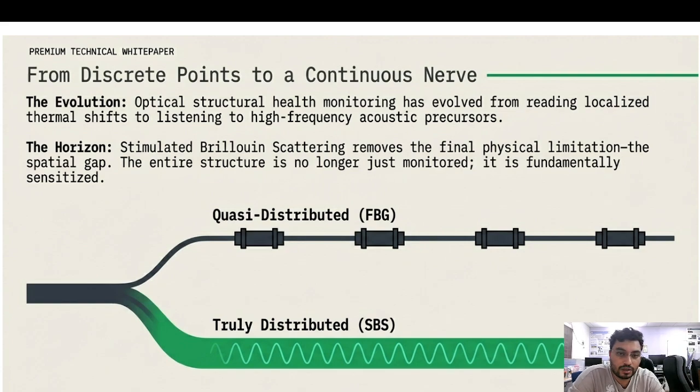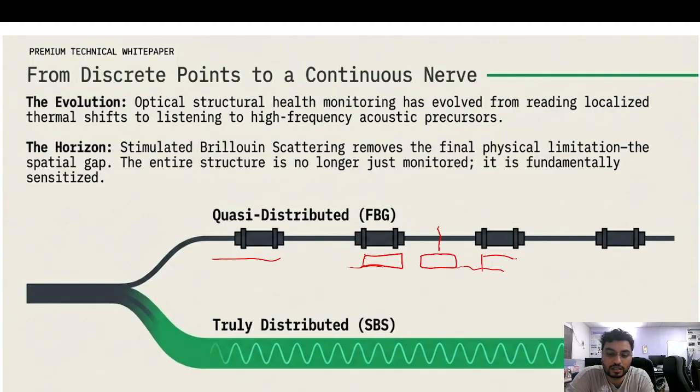From discrete point to the continuous nerves, as we have discussed already, the quasi-distributed system lacks the ability to understand the cracks in this region, while it can be detected easily here, but if the crack is increasing, then it can be detected later on.